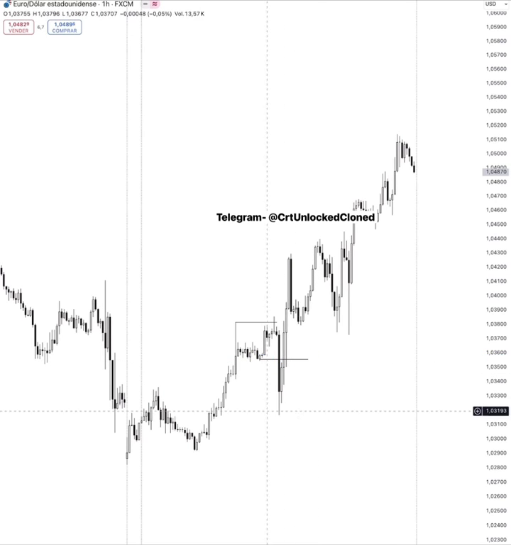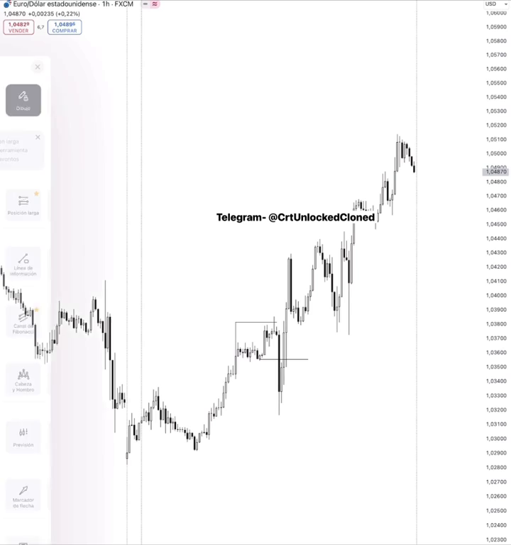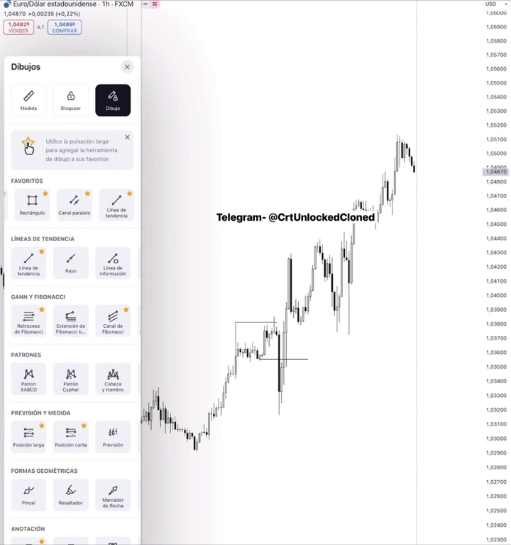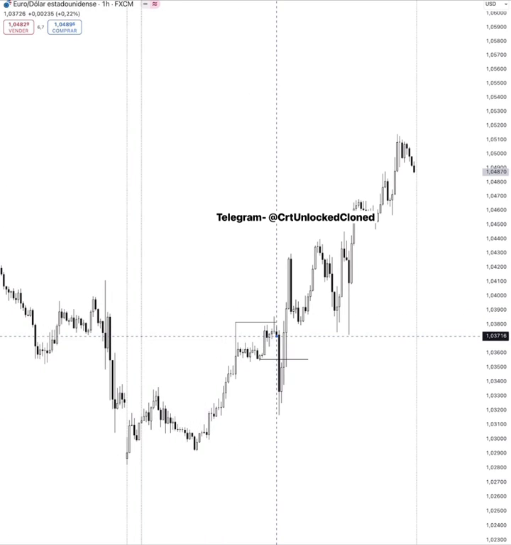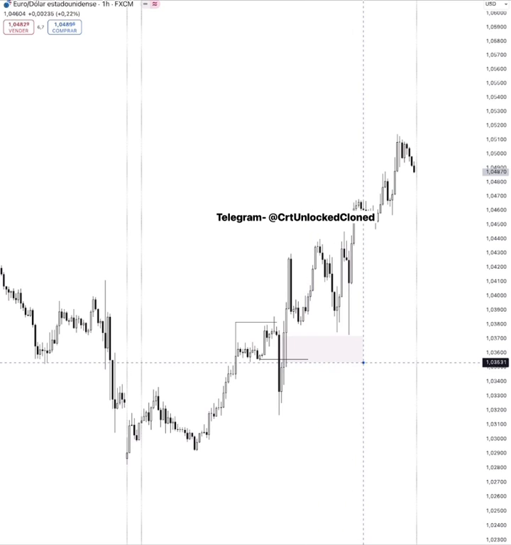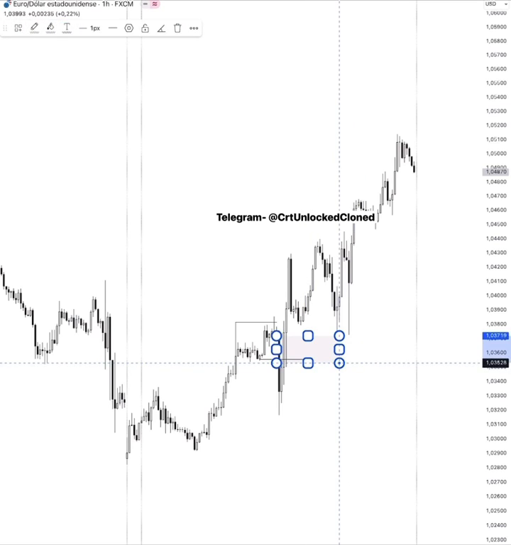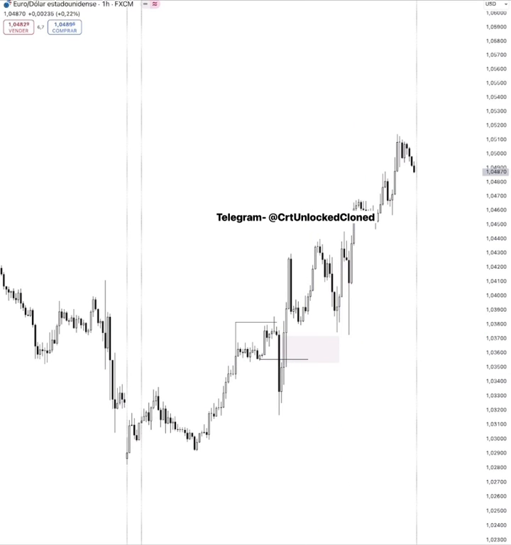And you had dumb money down here selling this bearish FVG, right? And of course, to no surprise, getting wrecked all the way up.